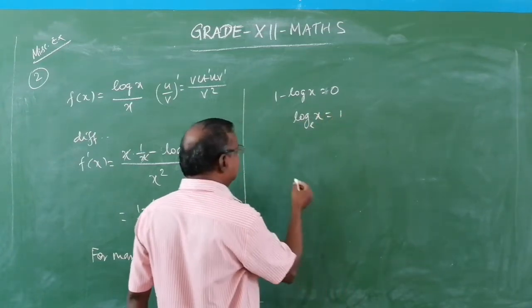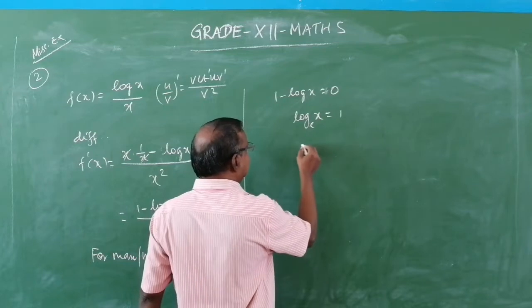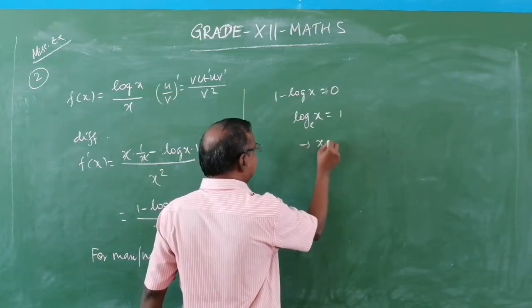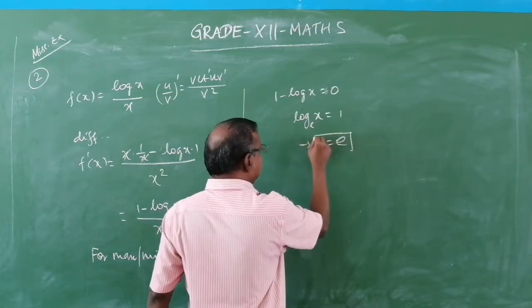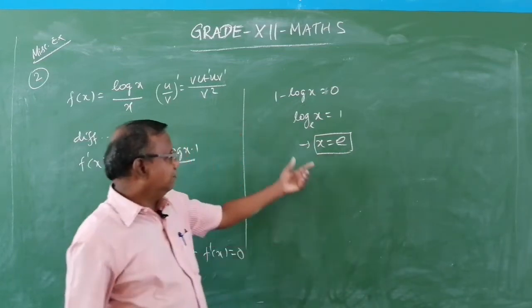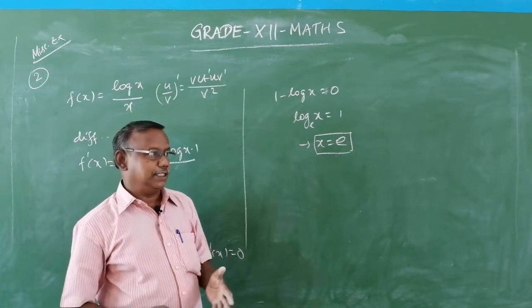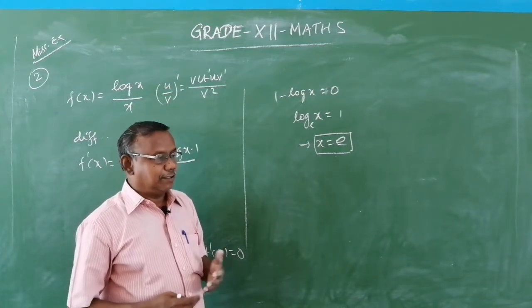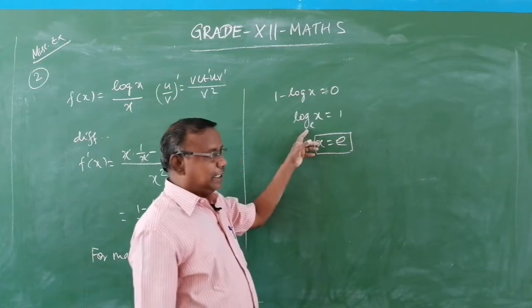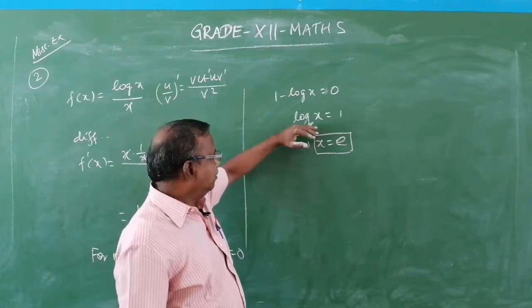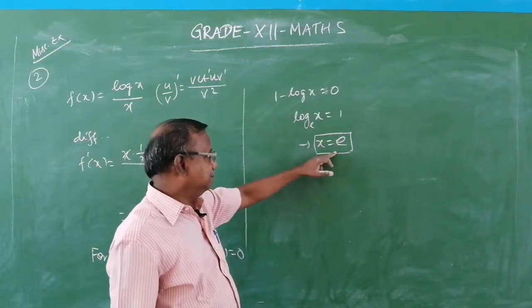So taking the exponent on both sides we have e power 1 equal to x, which gives x equal to e. So whenever we are given log x in differential calculus or integral calculus, the x value becomes e.